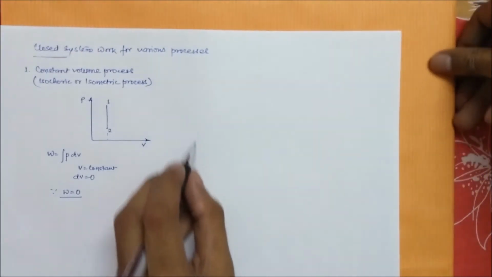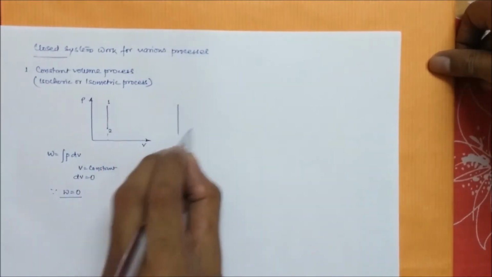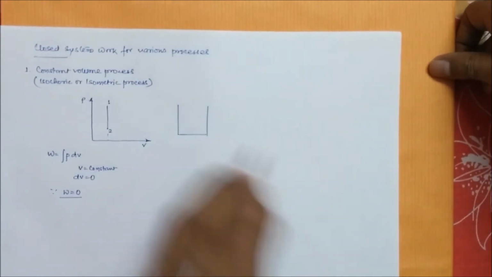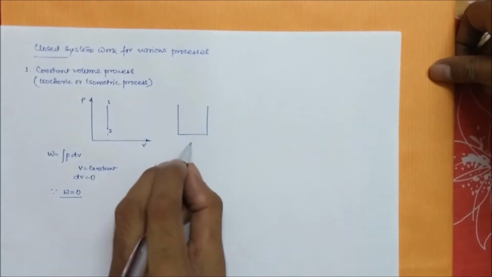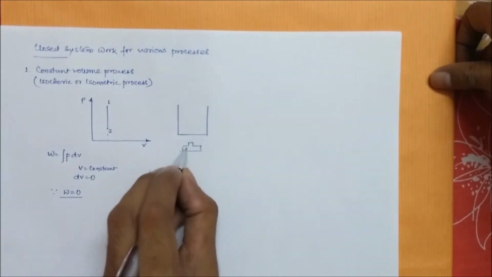A physical example of a constant volume process is like this. This is a beaker. We have a Bunsen burner to heat up this beaker.